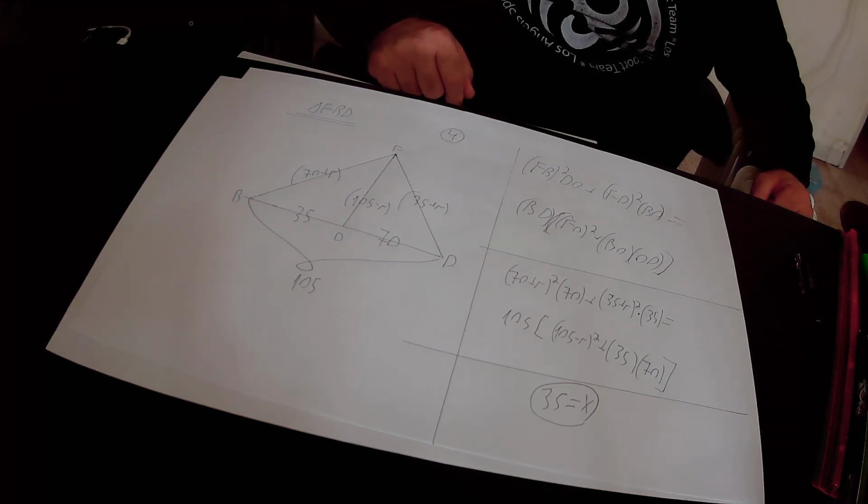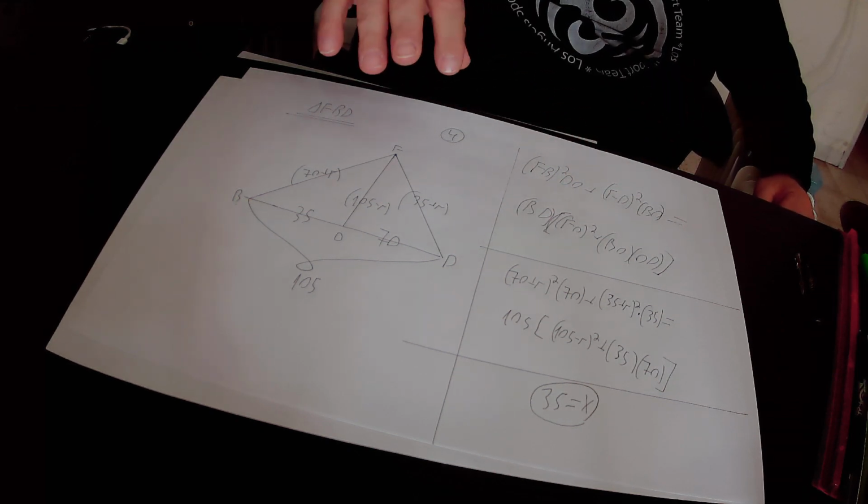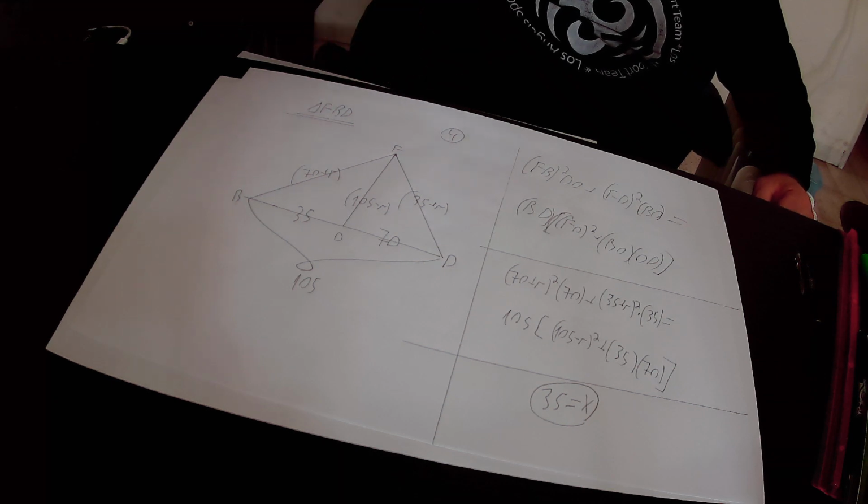Okay, so this equation is the implementation of Stewart's theorem on our triangle FBD.